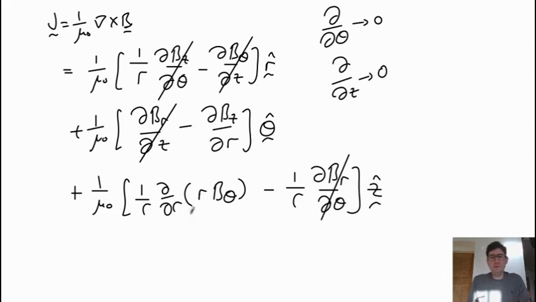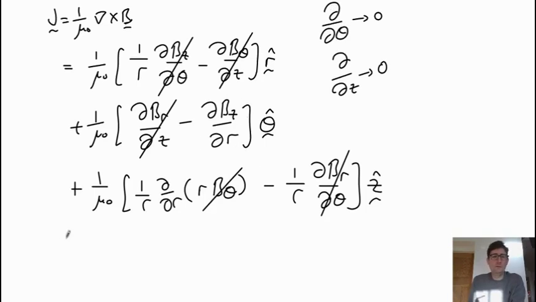The d by d theta goes to 0, and there's no B theta, so this term goes to 0. The only thing that's left is this term here. And so we have that J is just 1 over mu naught times minus dBz by dr, in the theta direction.